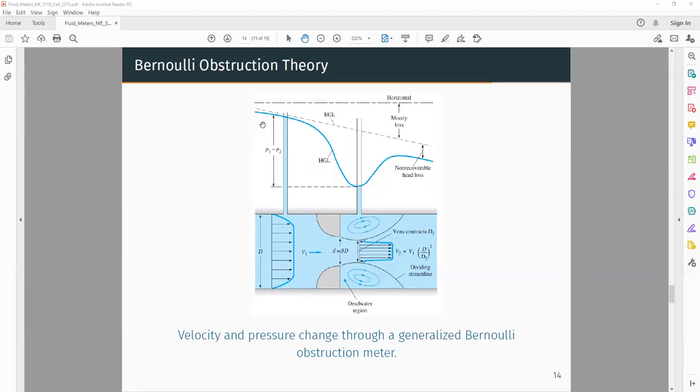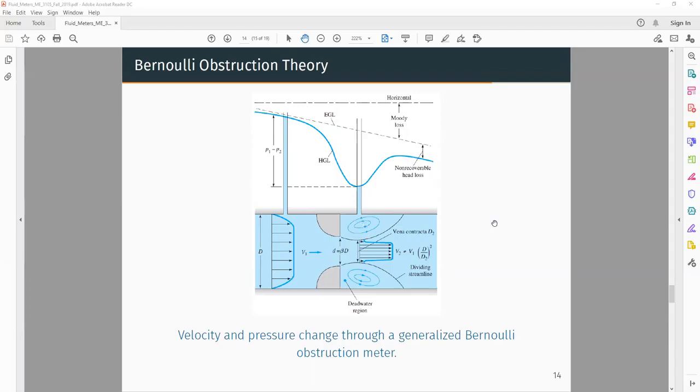Okay, and this blue line is actually the hydraulic gradient line, and this is the hydraulic energy, and the hydraulic energy goes from this portion to this portion. That is, the difference between EGL and HGL is actually the non-recoverable head loss due to this eddy flow here.